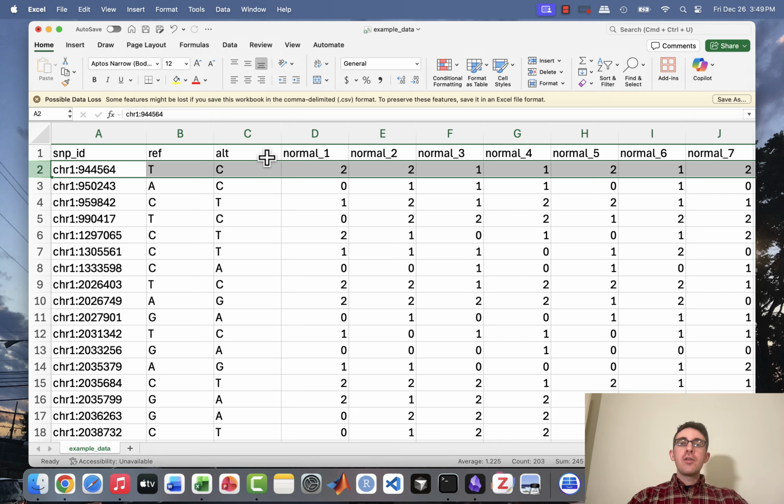So do they have 0 out of 2 copies that are the alternate allele, meaning they have 2 copies of the reference? Or do they have 1 copy of the alternate, meaning they also have 1 copy of the reference? Or do they have 2 copies of the alternate, meaning 0 copies of the reference? They have 2 copies of this SNP position, and these zeros, ones, and twos tell us how many of those copies are the alternate allele.